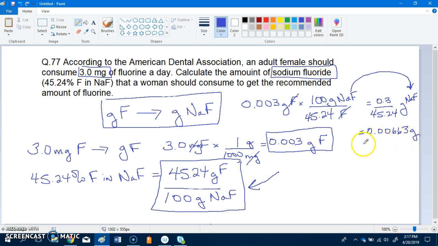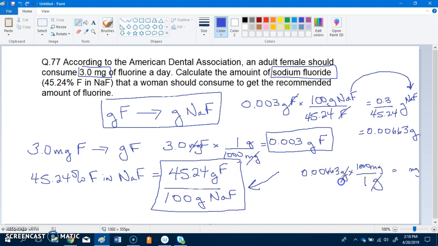And then lastly, what we need to do is convert from grams to milligrams. So if you have 0.00663 grams and we need it into milligrams, we're going to multiply by milligrams over grams, and we know there's 1,000 milligrams in 1 gram.